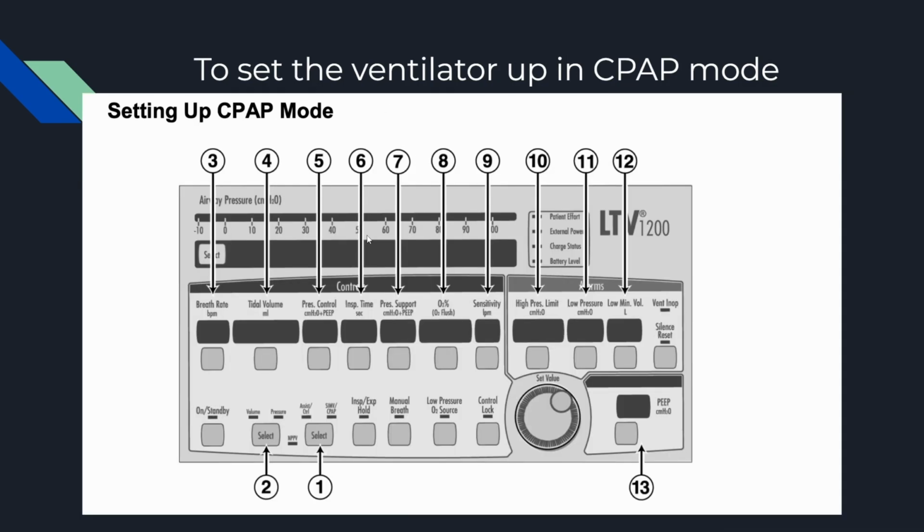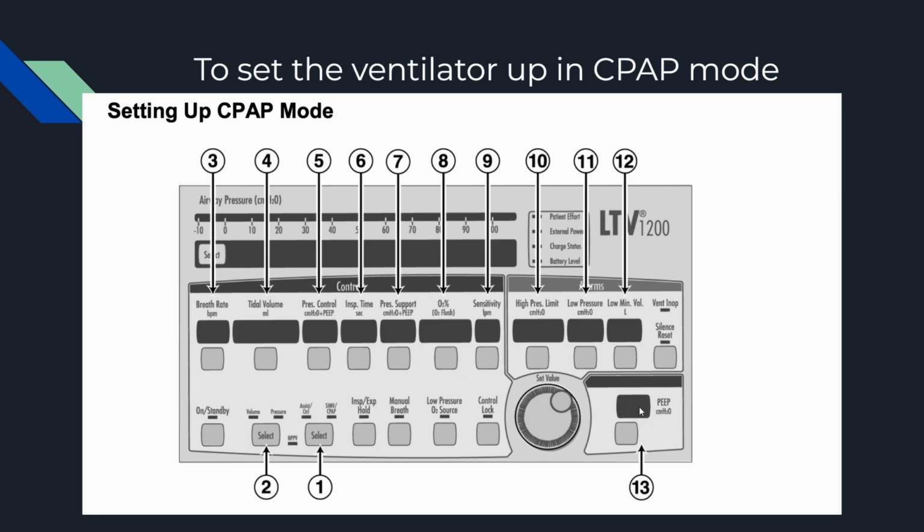Okay. Then we're going to talk about CPAP mode here real quick. It's pretty simple. So you can run regular old CPAP, continuous positive airway pressure. Now remember, this is for a patient who is breathing. Okay, this is not for a vented patient usually. These vents, so the way that you do it is you set everything up like you normally would. Your PEEP is your big one.